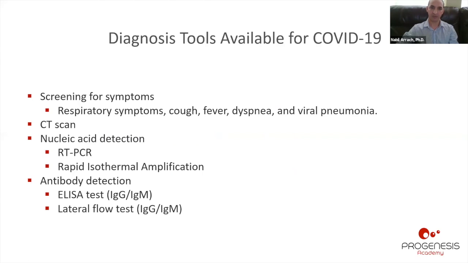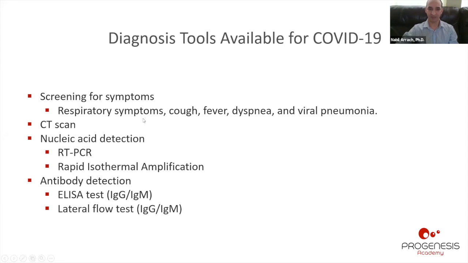When it comes to the diagnosis options available for COVID-19, the first option, the most commonly used, is screening by symptoms. A lot of clinics and hospitals are looking for symptoms like cough, fever, shortness of breath or respiratory symptoms. Then we have a more drastic diagnosis, which is the CT scan.